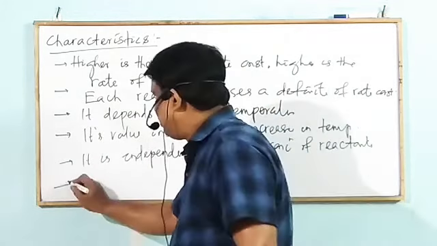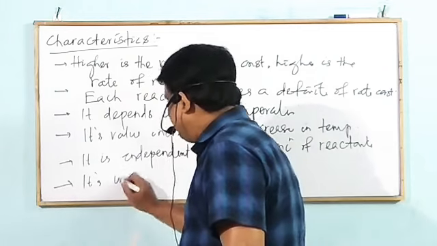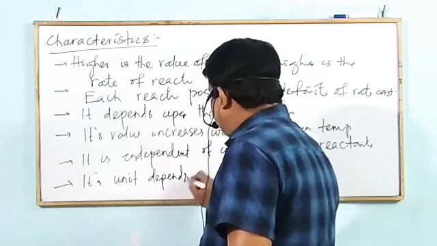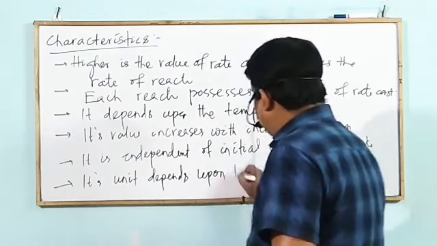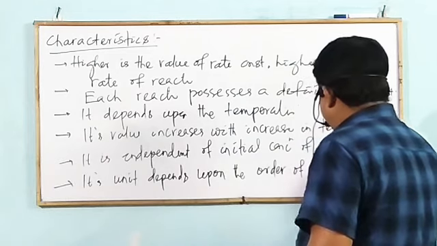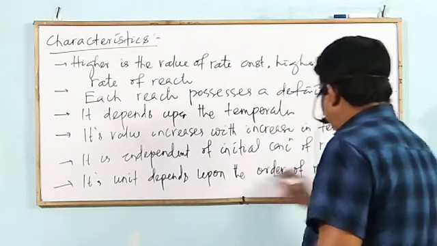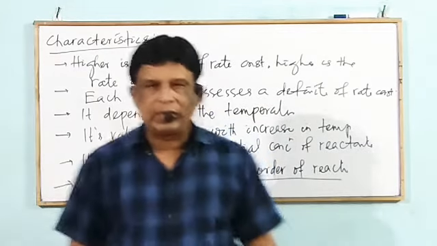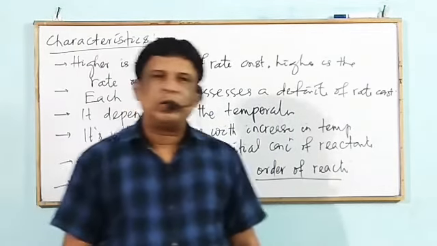Last one, its unit depends upon the order of reaction. It is very, very important. The unit of the rate constant is not fixed; it will vary depending upon the order of reaction.